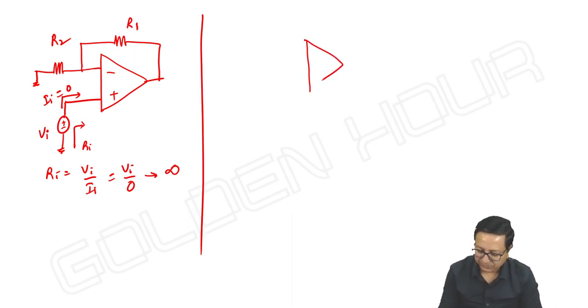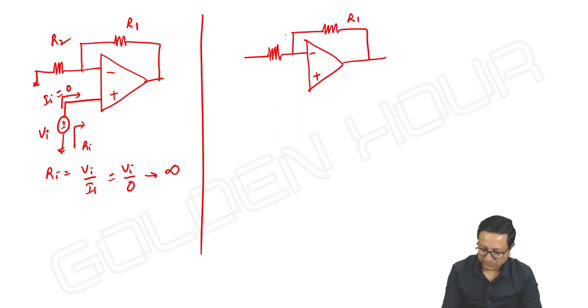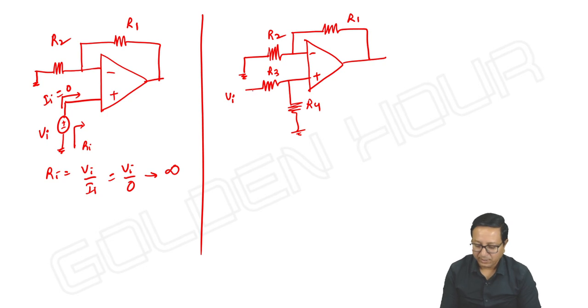Now let me take this. And here it is V. Let me take the current coming from the source as Ii.